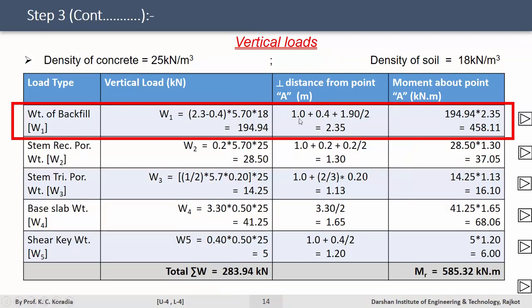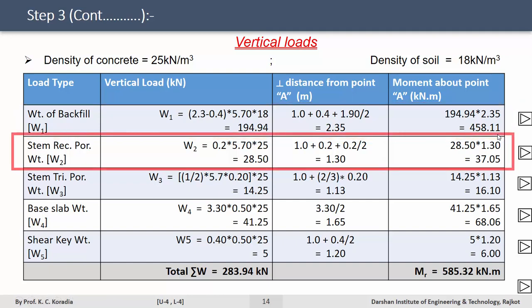Vertical force multiplied by perpendicular distance will give a moment about point A, which will be equal to 458.11 kilonewton meter. The stem portion will be divided into two portions. One will be a rectangle portion and one will be a triangle portion.